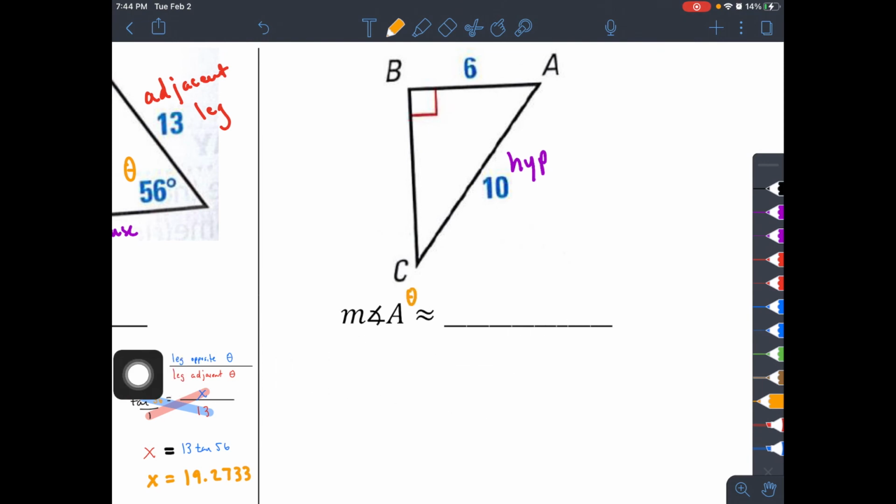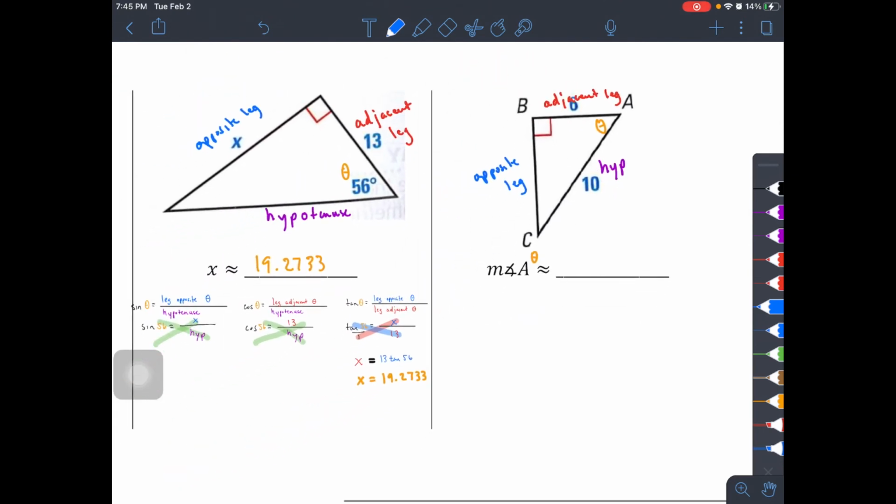So this angle is going to be our theta, or our reference angle. And we'll continue to label the triangle accordingly. And again, if you don't pick up immediately which one we're going to use, sine, cosine, or tangent, what you're going to want to do is write out all 3.